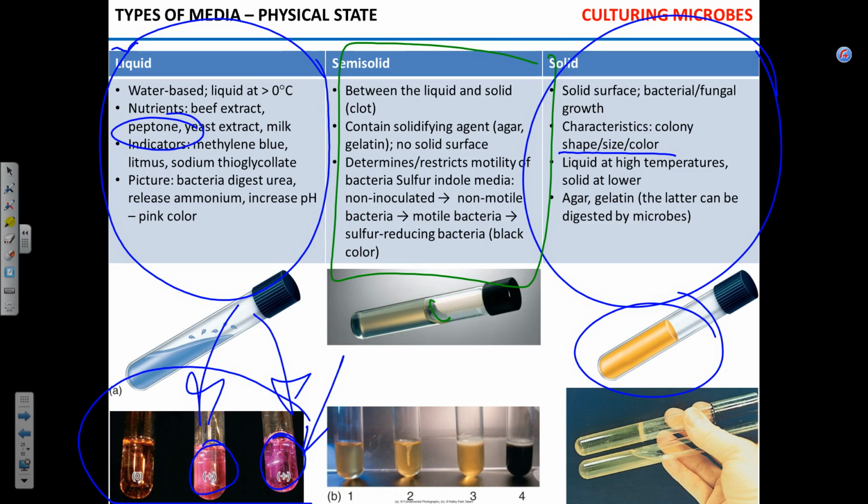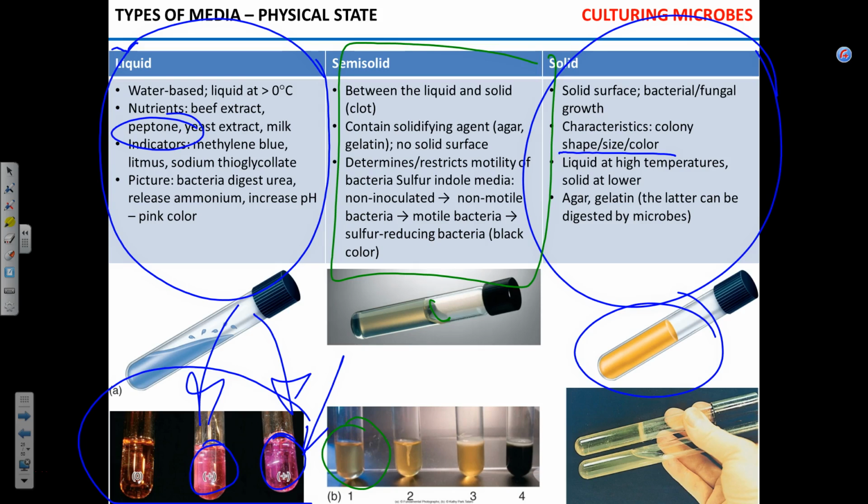Now this medium is used to test the ability of microbes to move. When medium is solid, it's not really easy. When medium is semi-solid, they can move. When medium is liquid, they all just move around, so you can't distinguish the ones that can and the ones that cannot move. Does that make sense? So in semi-solid medium, look, this is an uninoculated sample, right?